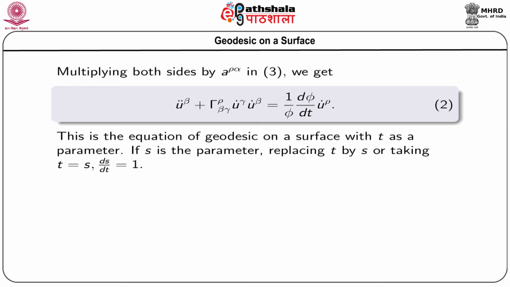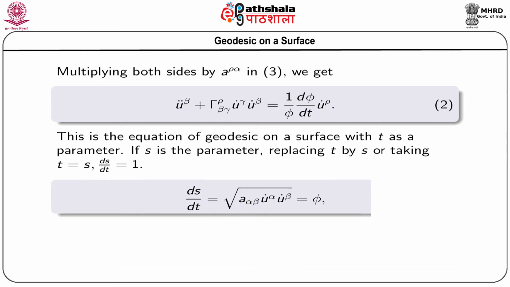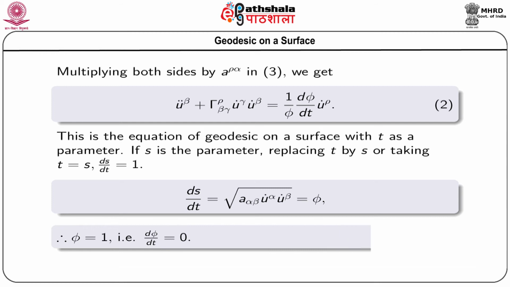Equation number 4 is the equation of geodesic when the parameter is t. But if s is the parameter, replacing t by s, that means ds/dt equals 1, and ds/dt is the root over A_αβ u dot^α u dot^β, which is equal to φ, given by φ equals 1, that means dφ/dt equals 0.